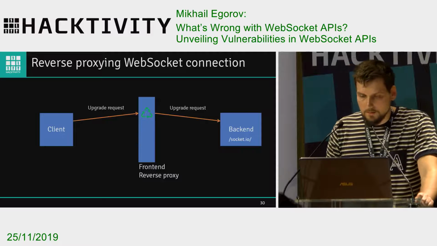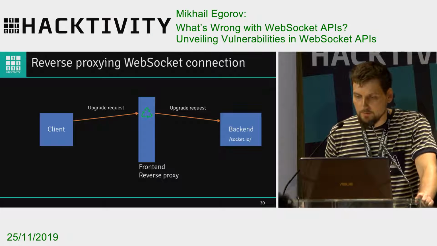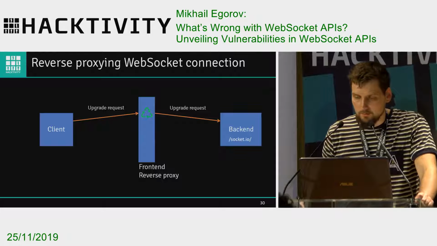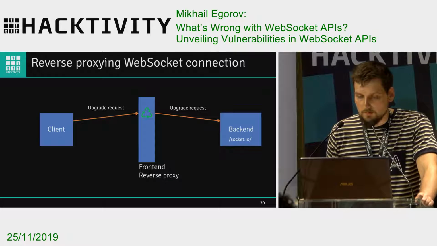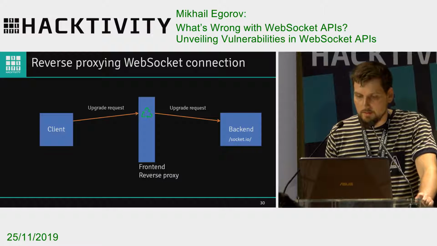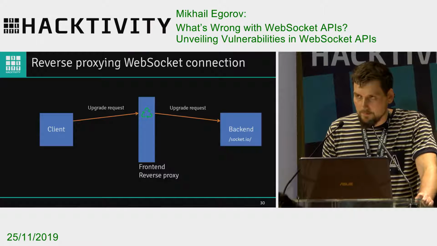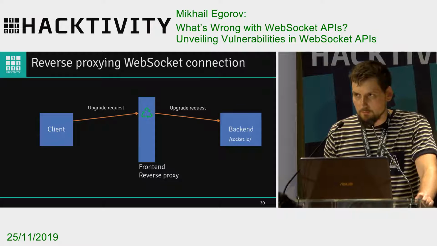When initiating the connection, a client sends an upgrade request to the reverse proxy for the path /socket.io, and the reverse proxy discovers that the incoming GET request is an upgrade request by inspecting HTTP headers like Connection: Upgrade or Upgrade: websocket. If everything is correct, it translates that upgrade request to the backend.